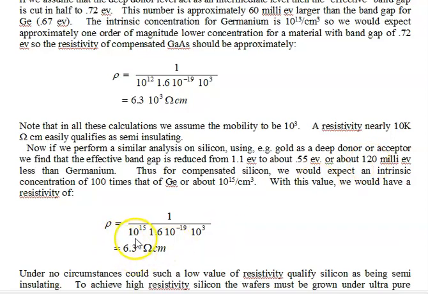So instead of 10 to the 13th for germanium, we would expect 10 to the 15th, and we find in that case that the resistivity is 6.3 ohm centimeter. Again, these are approximate numbers, but it is 1,000th of the resistivity of semi-insulating gallium arsenide.